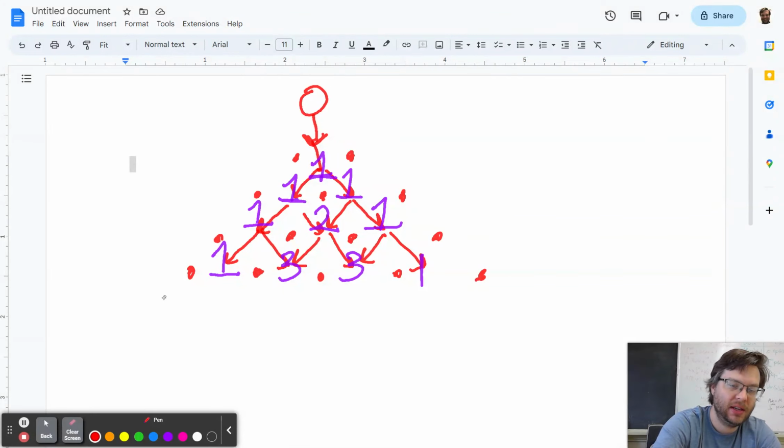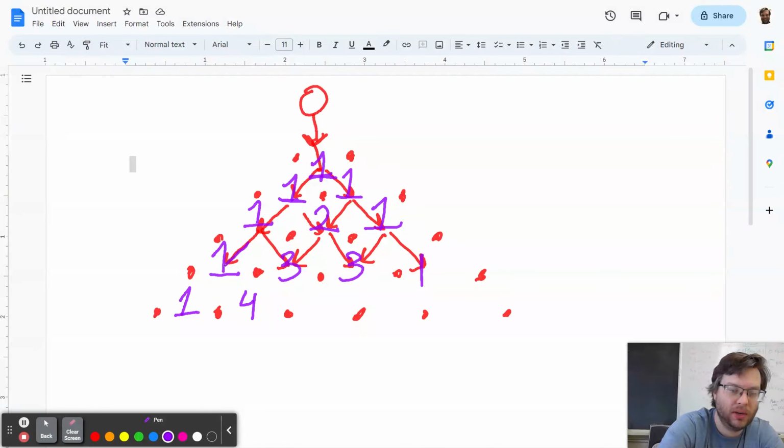By this point, hopefully, this is looking familiar. If I add the next row of pegs onto my quincunx, which is such a weird word, hopefully you can predict the outcomes here. We can get here one way, we can get here four ways. The one route here and the three routes here make four routes right there. There are six ways to get here.